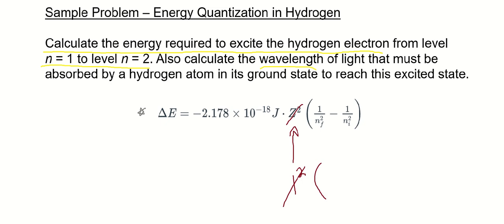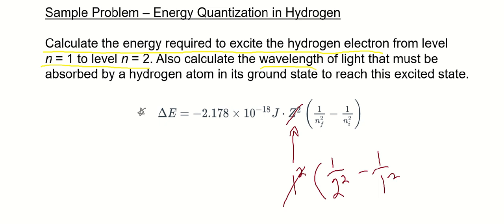Now in the parentheses it says 1 over the final energy level squared. So where did it end up? It ended up in energy level 2. We're going to square that, that's going to be 4, or 1 over 4, minus 1 over the initial starting position of that electron, which is n equals 1.